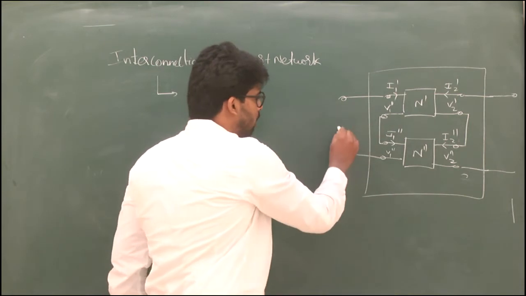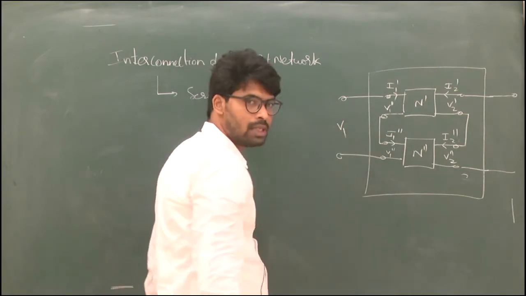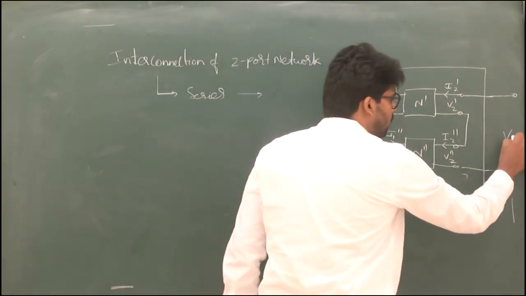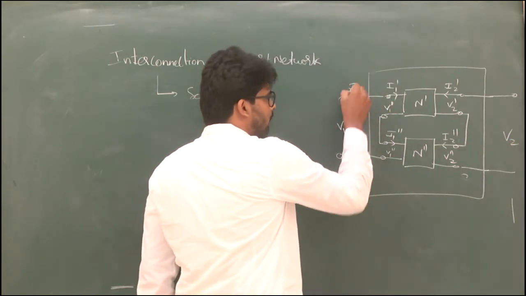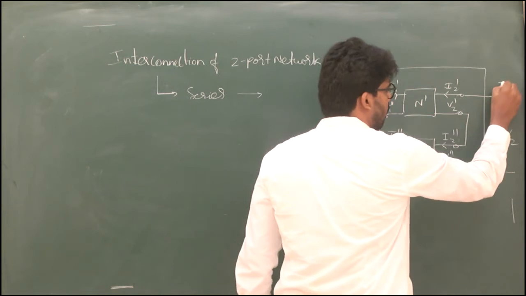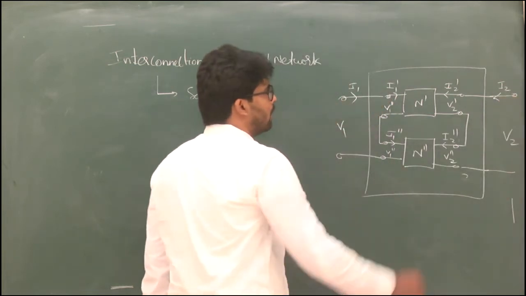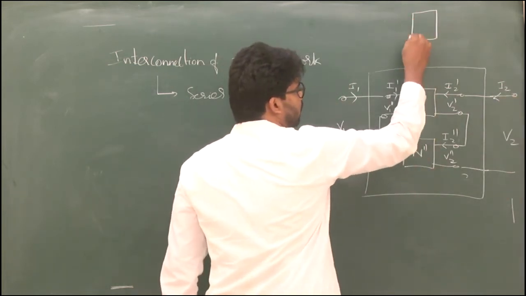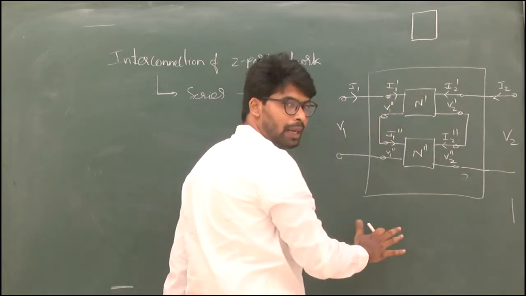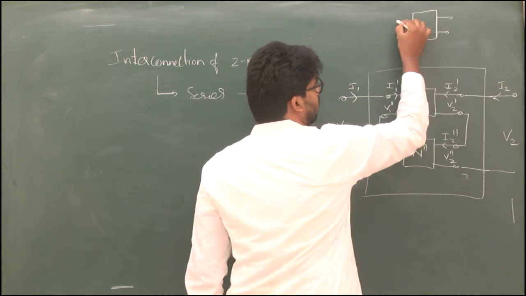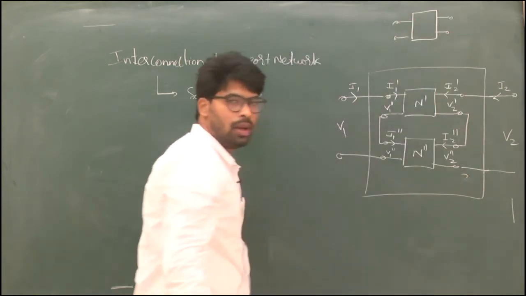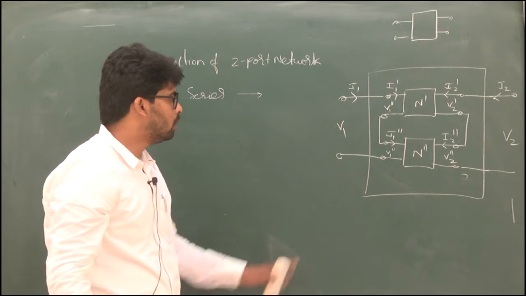The overall terminal voltage, let us say, is V1, and the other overall terminal voltage is V2, with input current I1 and the current of the external second terminal I2. That means the overall Z parameters, the input voltage, in the first terminal and second terminal we are taking.